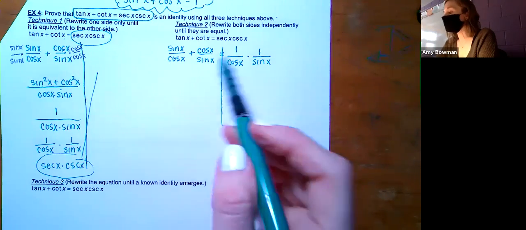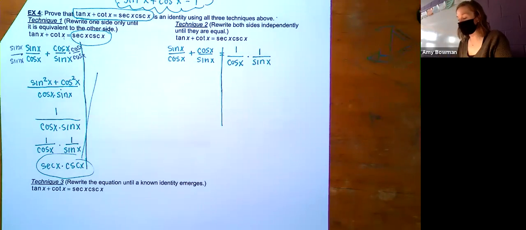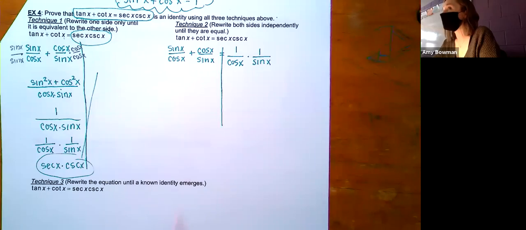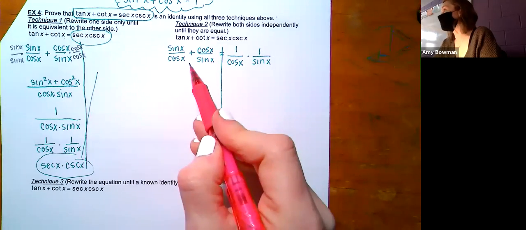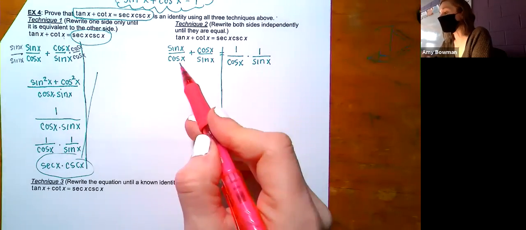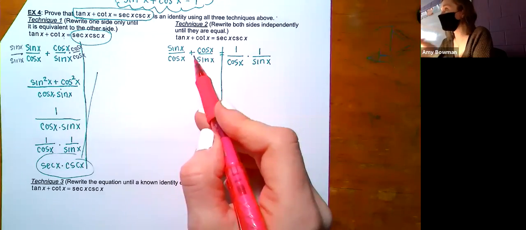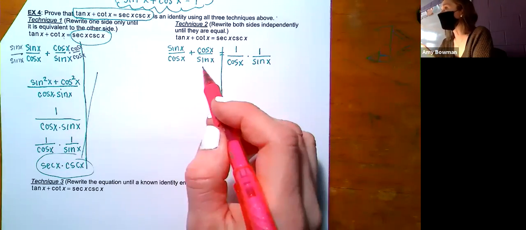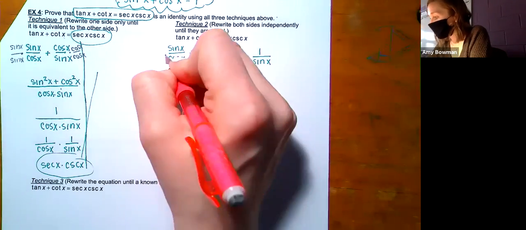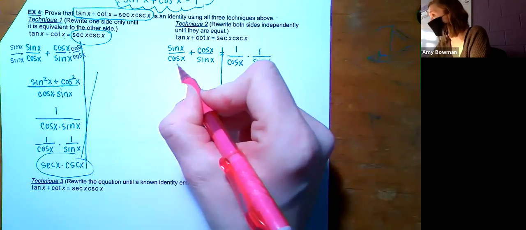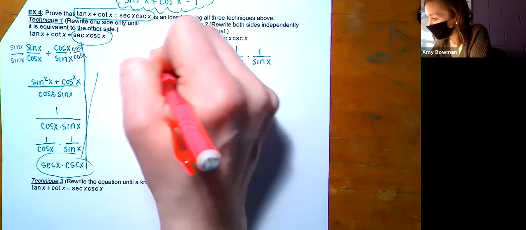From here, you guys are going to pick up on this pattern: if I have 2 fractions being added or subtracted on one side, you're almost always going to write those as a single fraction. So that's where we need that skill of finding the common denominator, multiplying both fractions individually. Same thing, just like we did over here. I want the common denominator. It's the product of the cosine function times sine function. So I'm multiplying my first one by sine of x over sine of x.